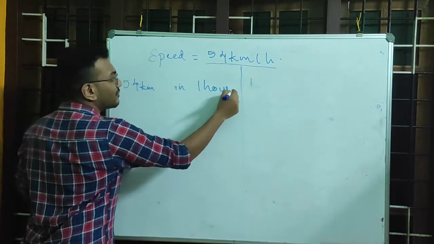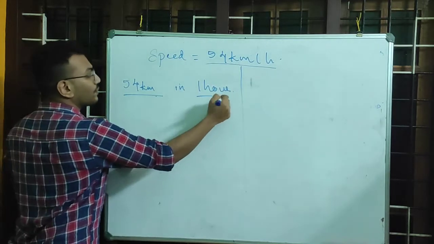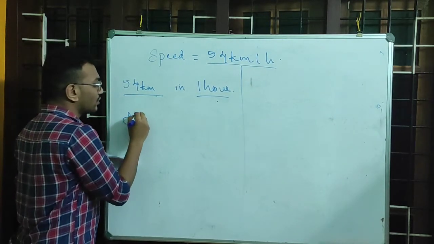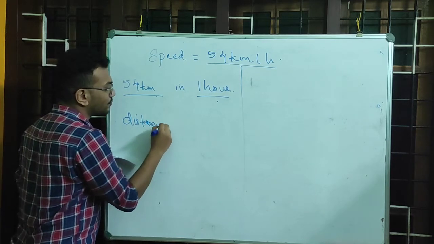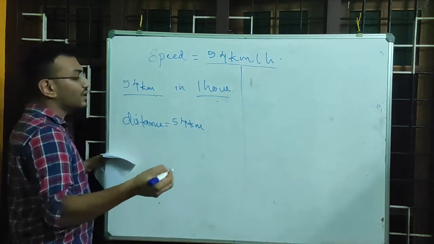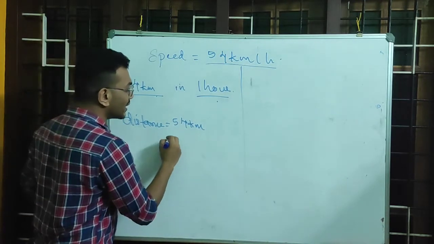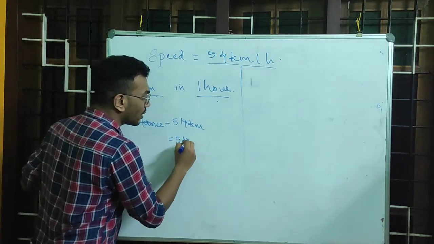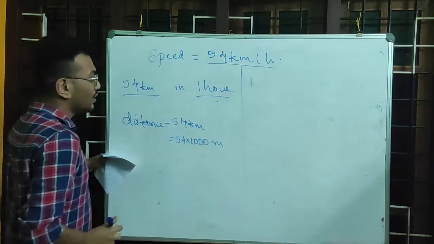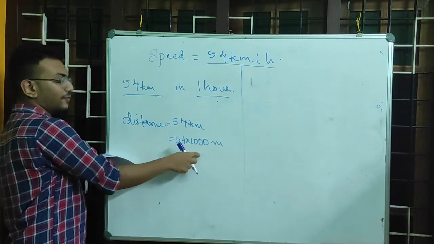In 1 hour, it will travel 54 km. So what is the distance here? The distance is equal to 54 km. How would you convert kilometer to meter? It is 54 into 1000 meters. Okay. 54 into 1000, that is 54,000.